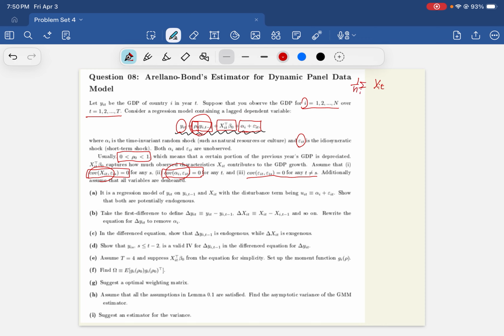You may take an average across individuals, where the summation is through i, or you may take an average over time, or you may take an average over everything.